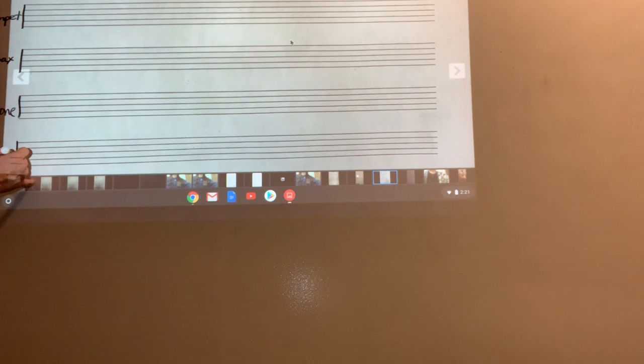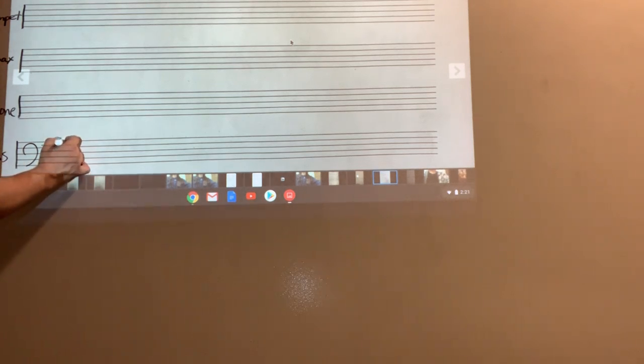Bass reads bass clef, and the bass part is in the key of F. There's no transposition. In other words, you don't change the key, you don't change the notes. You write it per note from the example, which is at the top of your paper.